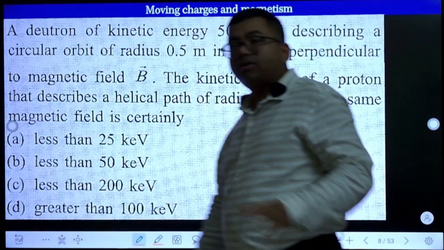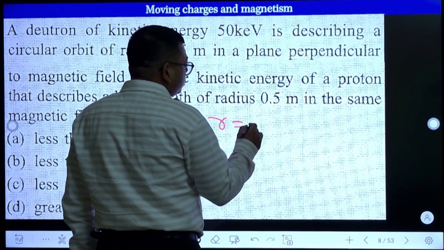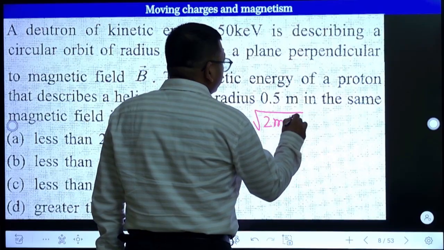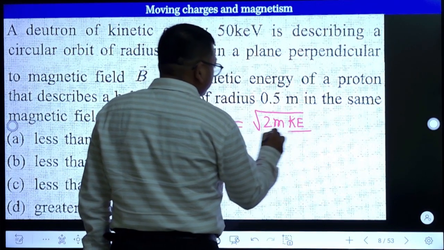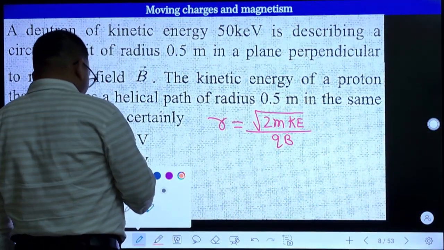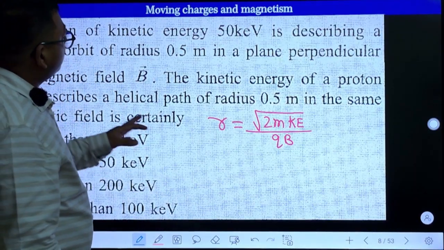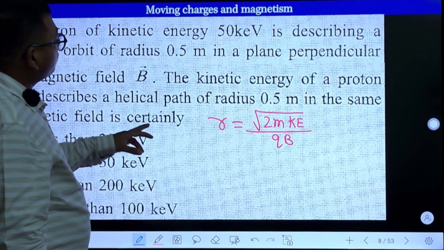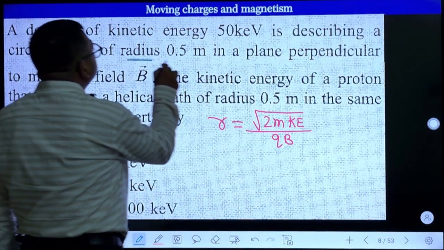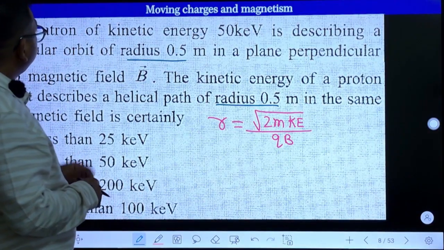So let's write the radius formula in terms of kinetic energy. Radius is equal to root under 2 times mass into kinetic energy divided by qB, right? This is the radius formula. Now they are saying the radius is the same. Radius is not changing. One is deuteron.